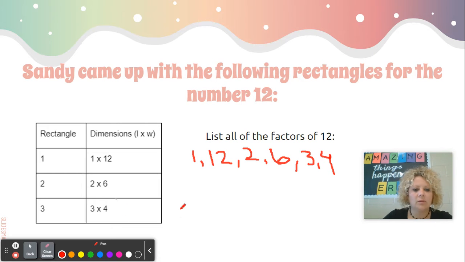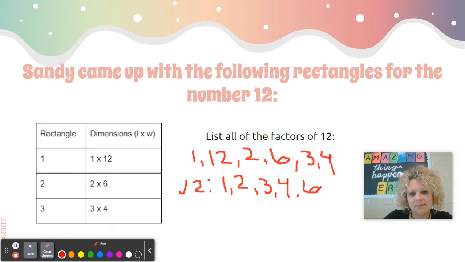Okay, so you could write it 1, 2, 3, 4, 6, and 12. So that's just a little bit nicer. I just pulled them from here, but then I put them in order from least to greatest. Okay?